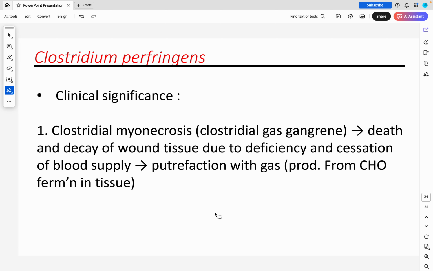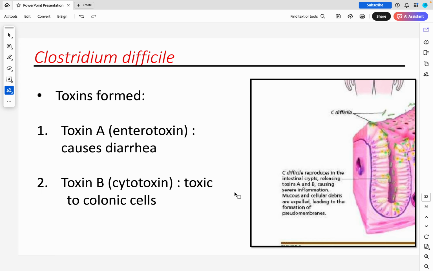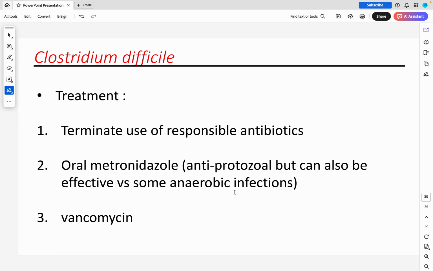Okay. So how is C. difficile infection treated? There's consideration of stopping the use of antibiotics if they are the cause of the prevalence of C. difficile in the gut.